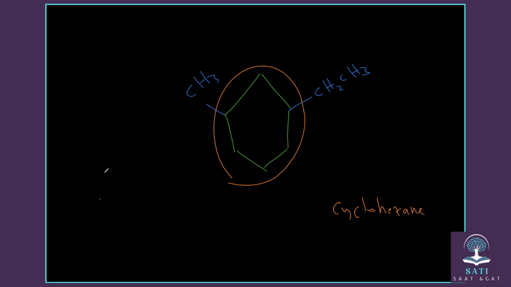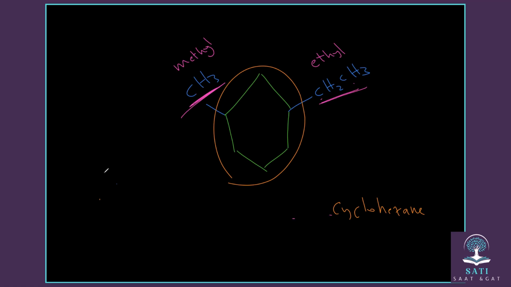Now, what is attached to it? This one and this one. What is this one called? Methyl. And what is this one now? Ethyl. And you understand why: it has 2 carbon atoms, that is ethyl. 1 carbon atom here, it is methyl. Good. Now, when I have ethyl and methyl attached, which one do I write first?